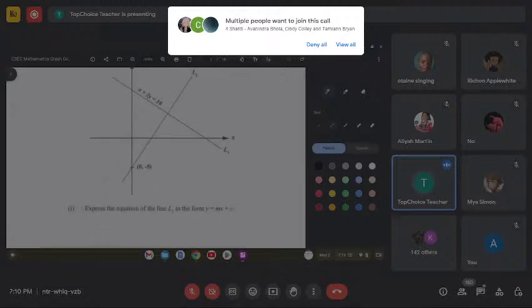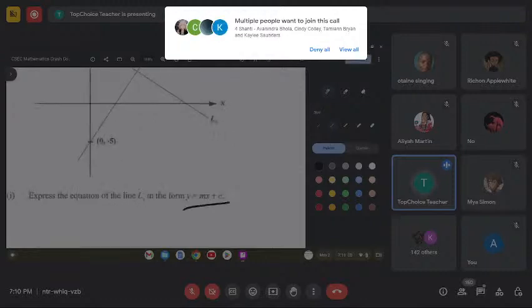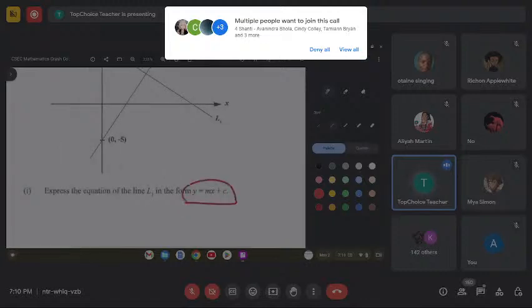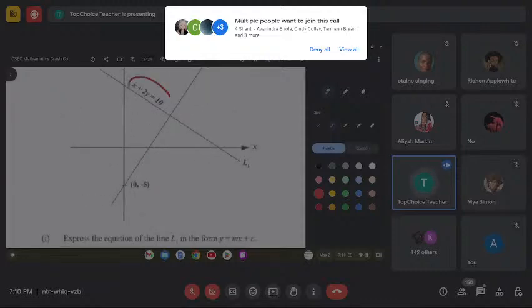Part 1: express the equation of line 1 in the form y equals mx plus c, which you all correctly described earlier as the equation of a line. So this is the general form of the equation of a line. They gave it to you here, so that's great, but this is not looking like that.